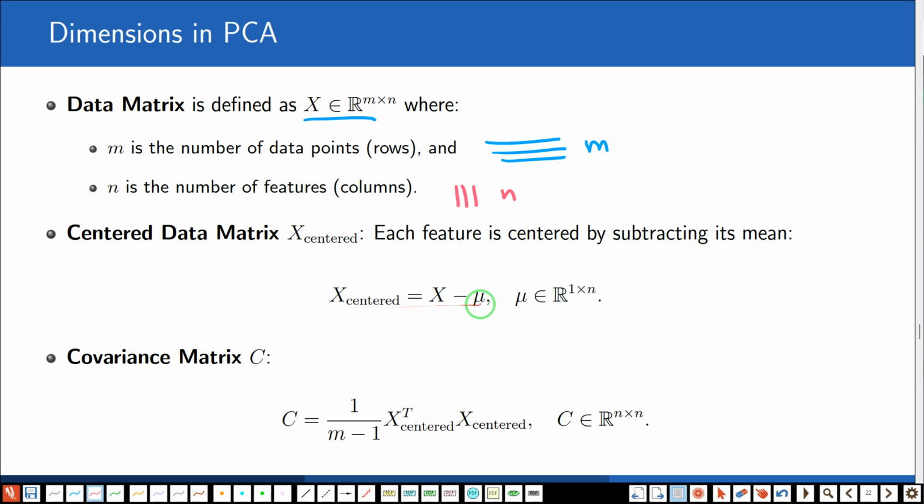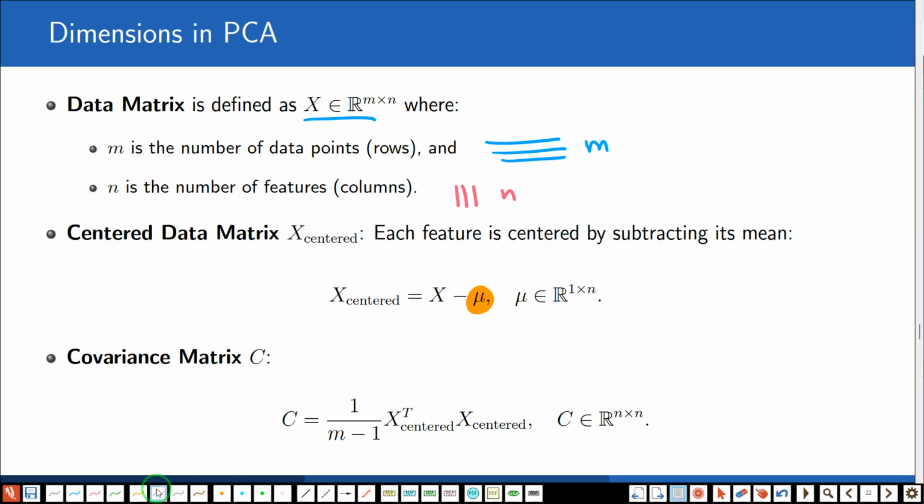If we subtract the mean value, which is represented by the letter mu here, we center the data around the mean value of all of the features. And if we want to calculate the covariance matrix of this centered matrix, we can do it in this way.